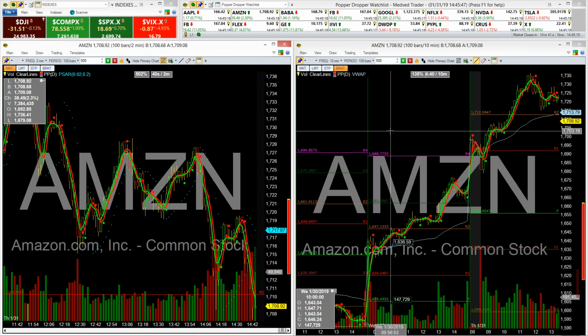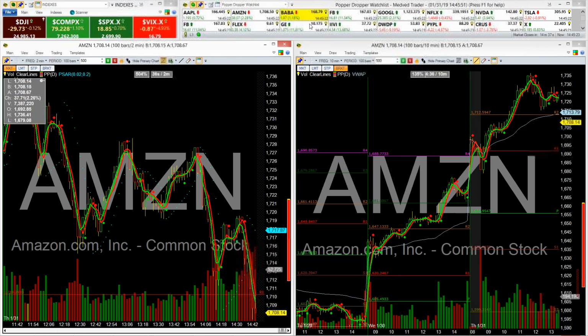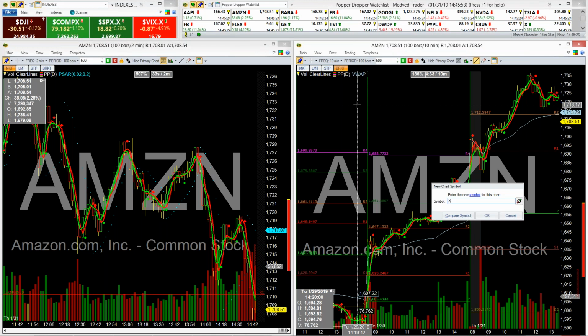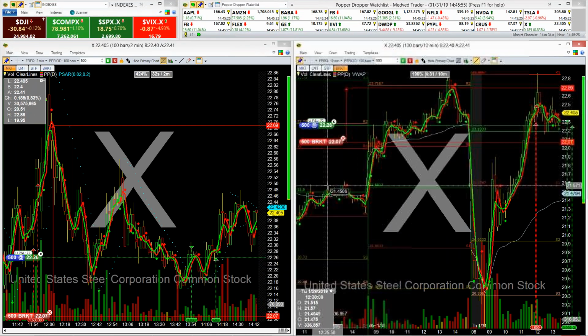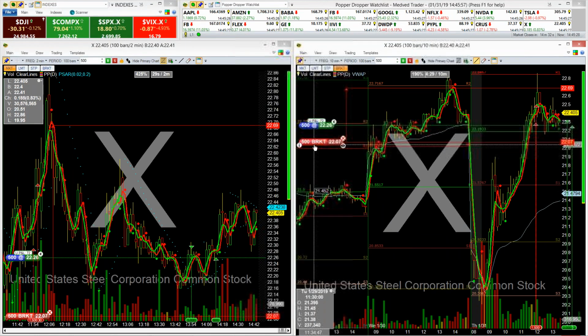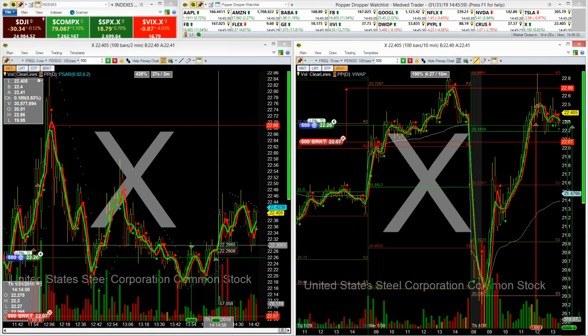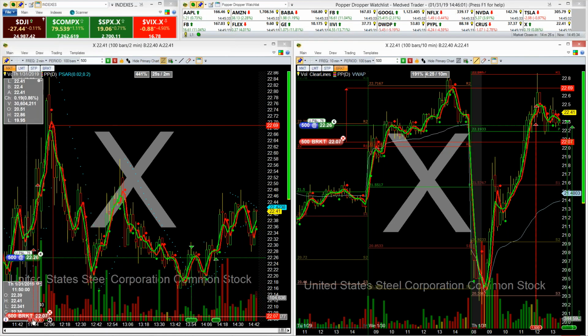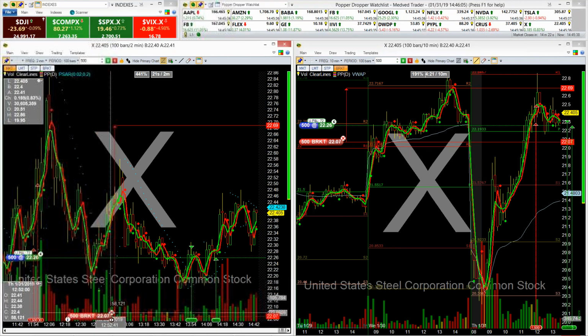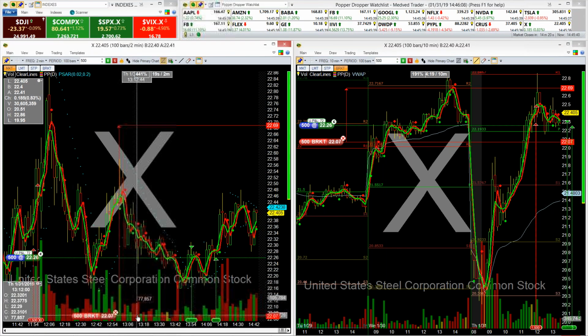But I will tell you, there is one major difference. Hold on one second. Let me go back to our X trade real quick. I do want to do something. So we're still in X and we're in a profit. And this is something you would want to do once you're in a winning trade. You want to move your stop up. So we have our stop down here at 2207.